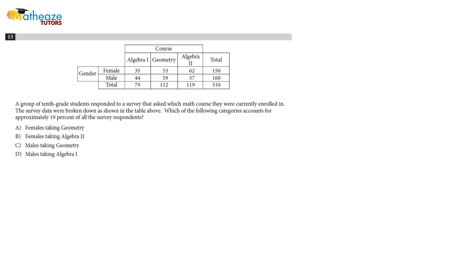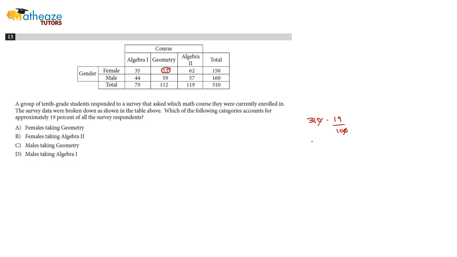So let's look at the number of females taking geometry. Females taking geometry is this right here. And how many survey respondents do we have? We have 310. So let's look at what is 19% of 310. It's going to be times 19 over 100. Let's cross this out.